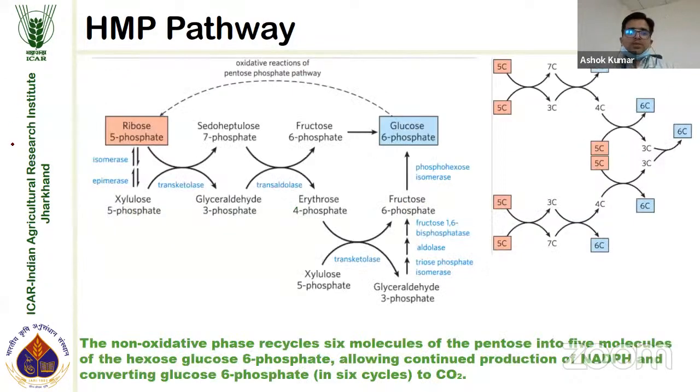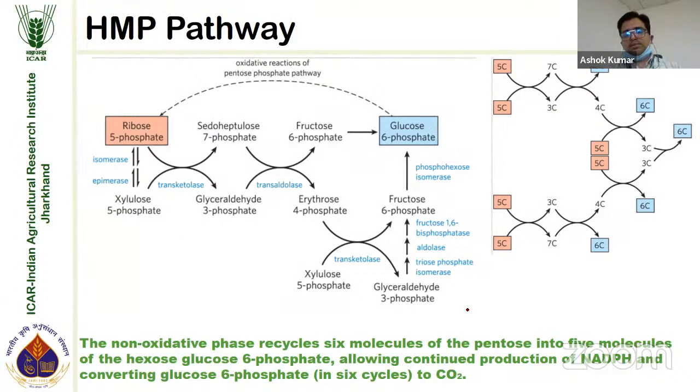So here in the HMP pathway, this ribose 5-phosphate, this 5 carbon compound, can be converted through a series of actions of transketolases and transaldolases into different carbon sugars, and that will be formed into glucose phosphate.